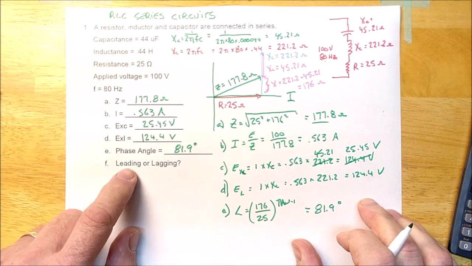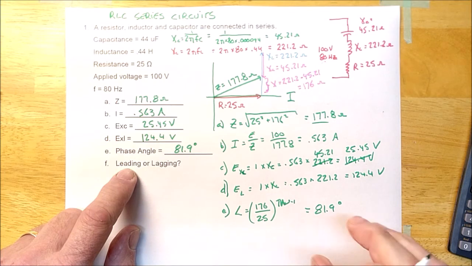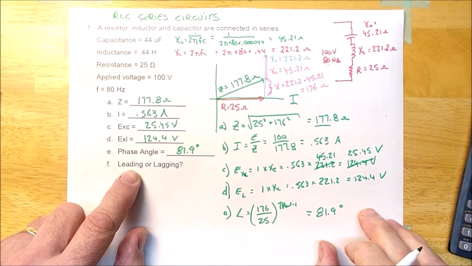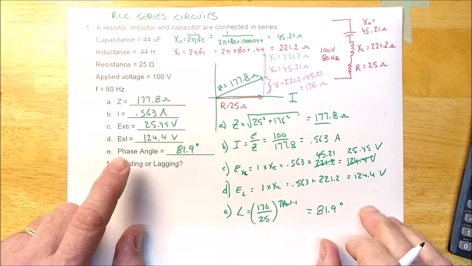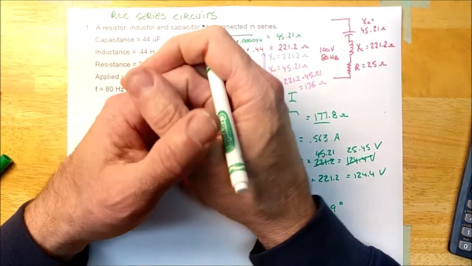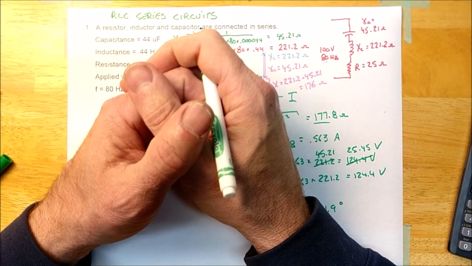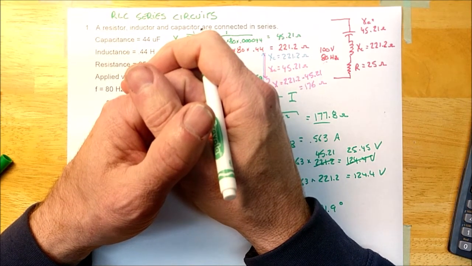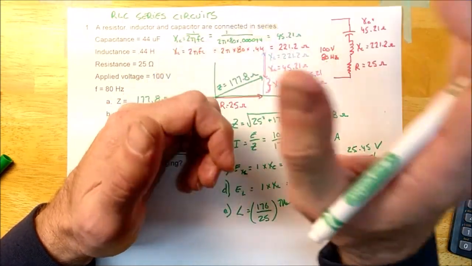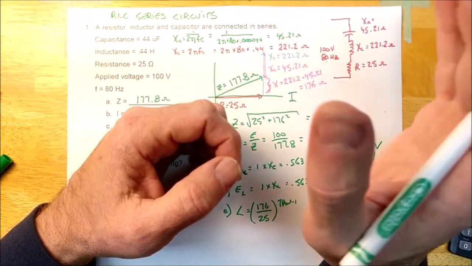But let's talk about leading or lagging for a minute, because this question is going to come up over and over again in the next 5 weeks or whatever. So what does this mean? The first thing I need to say, guys, is that if I'm asking you about a circuit, whether it is leading or lagging, I am asking you about the current. That is just an industry standard. If you say that circuit is lagging, you're saying that the current is lagging.